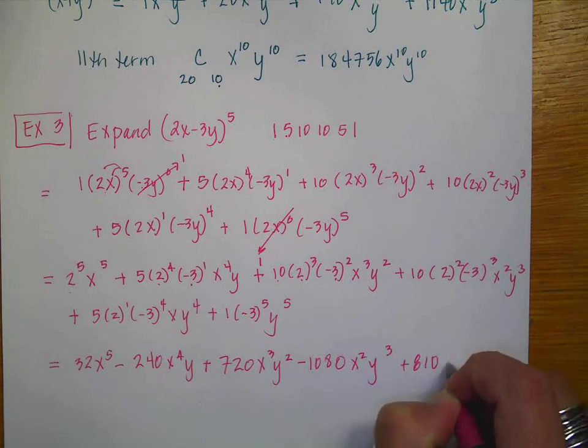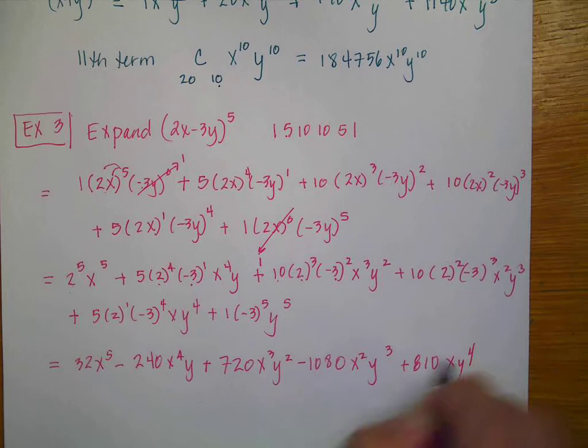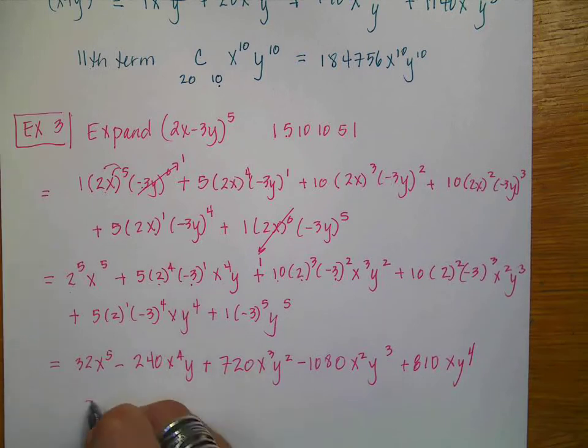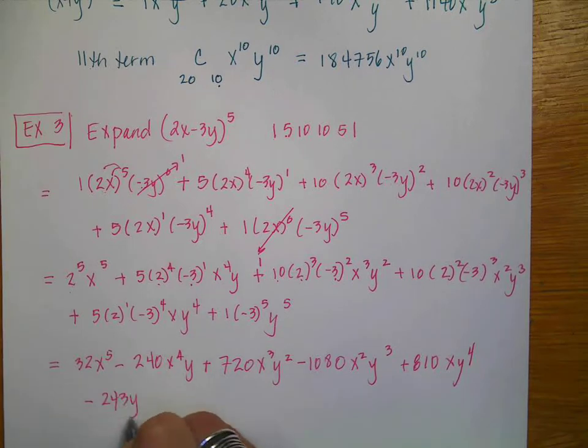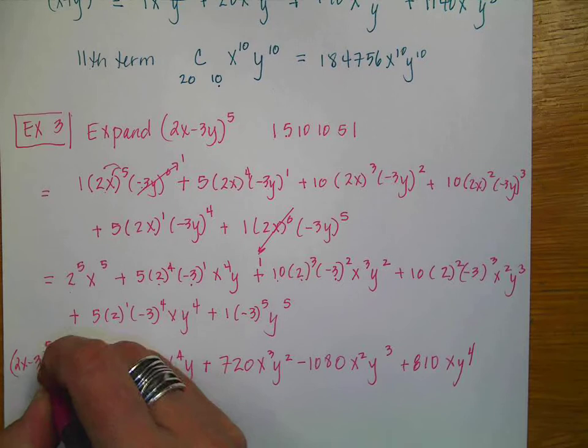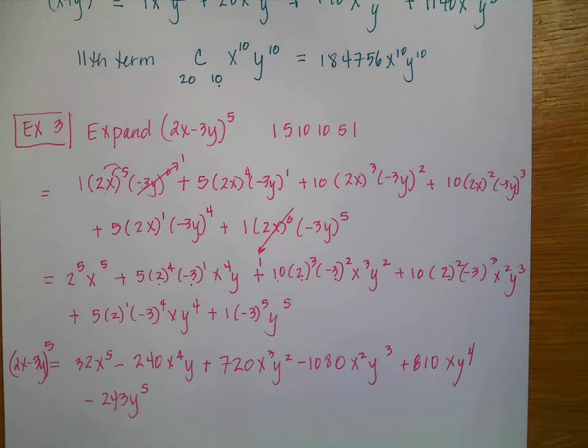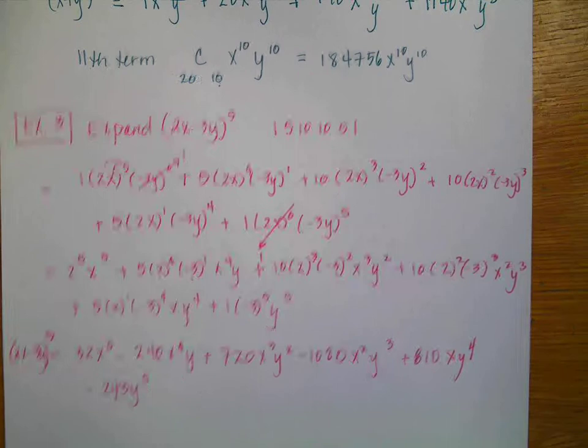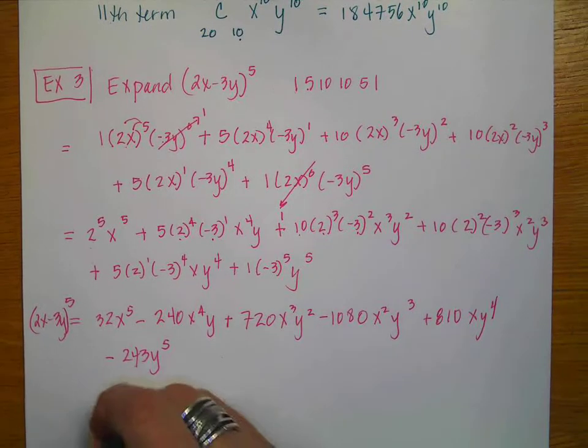And then as I move down the line and I write all of my terms, plus 810xy^4, and then my last term is minus 243y^5. I report (2x − 3y)^5 because every single answer has to be reported, and ta-da, I'm done. So it's actually really, really cool, okay?